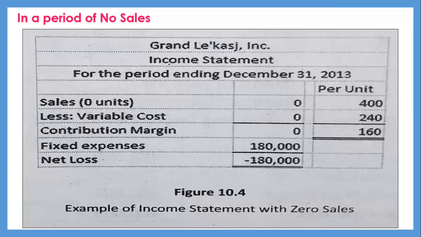As you can notice, our fixed expenses is 180,000, and therefore 0 minus 180,000, therefore our net loss is equivalent to negative 180,000 pesos.